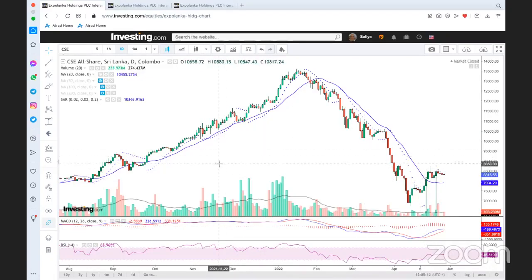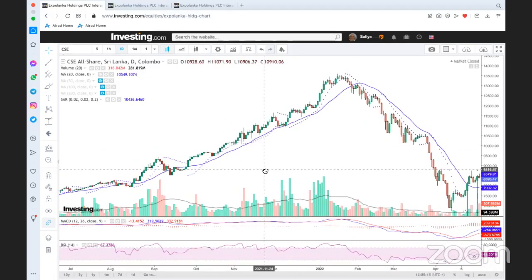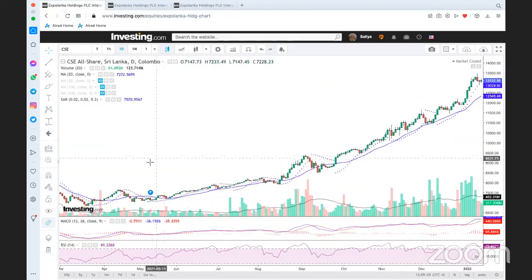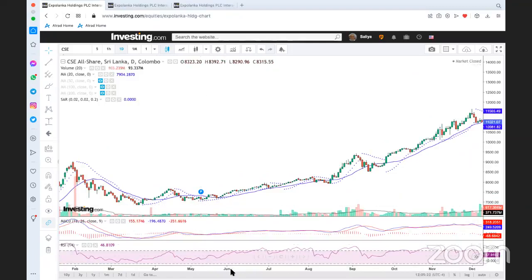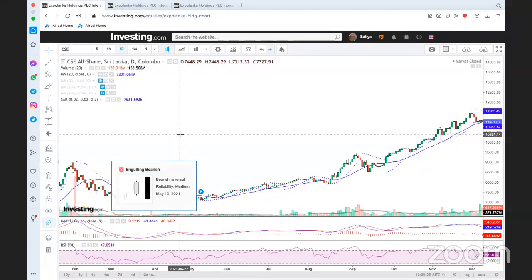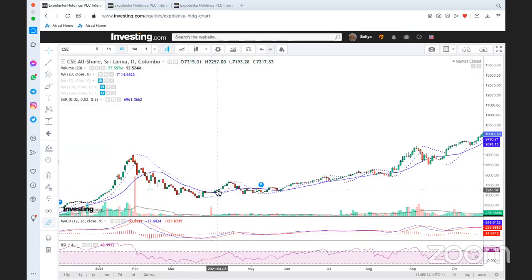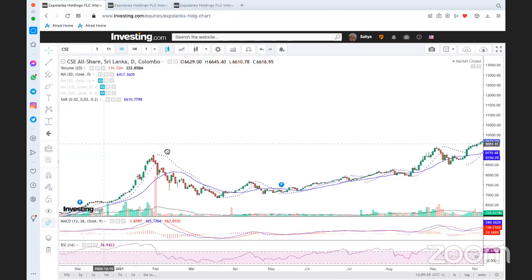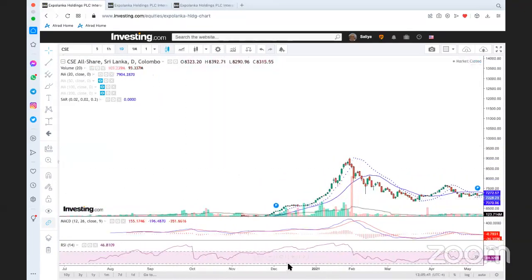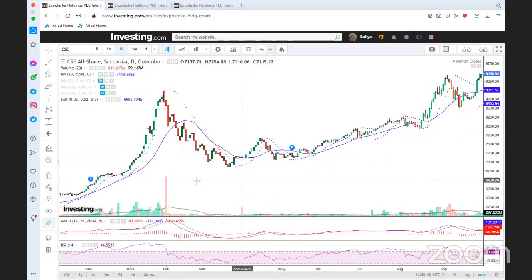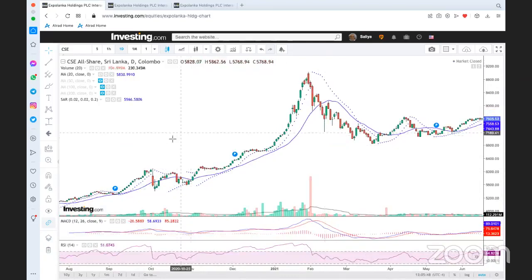So just if you go to the previous June-July, right here, June-July, broken, gone up, right? Here it has broken, retested, then only gone up. This is 2021.